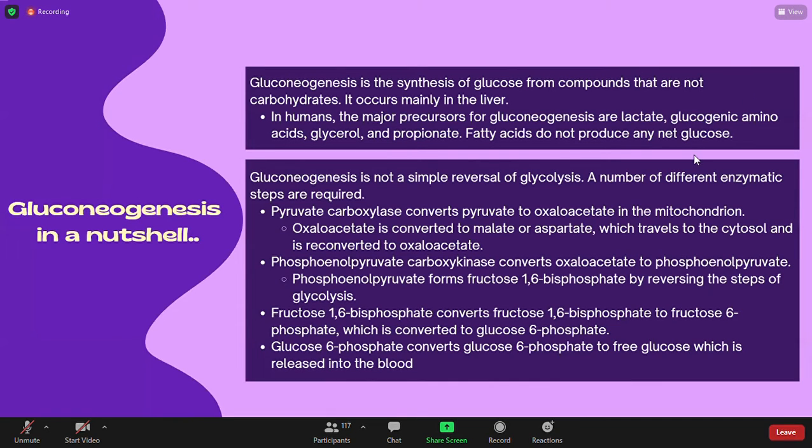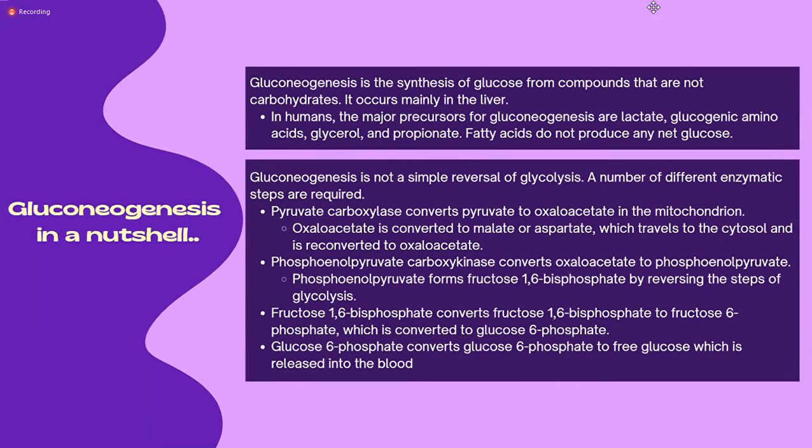So, gluconeogenesis is synthesis of glucose from compounds that are not carbohydrate. We mentioned that already. In humans, our major precursors of gluconeogenesis are lactate, glucogenic amino acids, glycerol, and propionic acid.